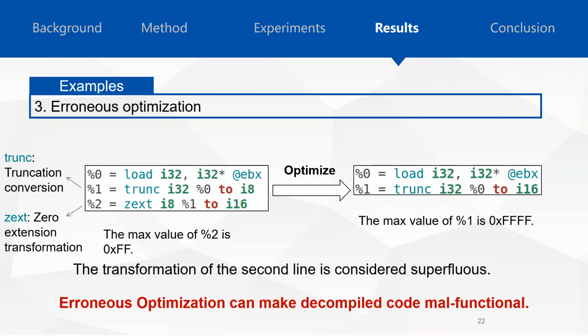This truncation is considered superfluous and removed on the right side, because the variable 1 will be extended to 16 bits in the third line. So the optimization strategy will replace this truncation and extension with a single truncation. It's clearly wrong. Bit length is not correctly taken into consideration in this optimization.